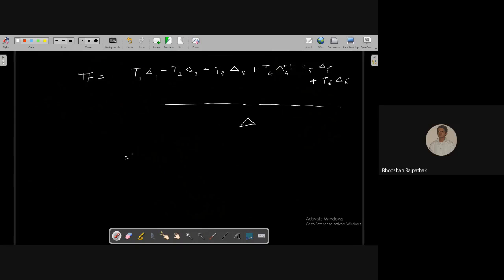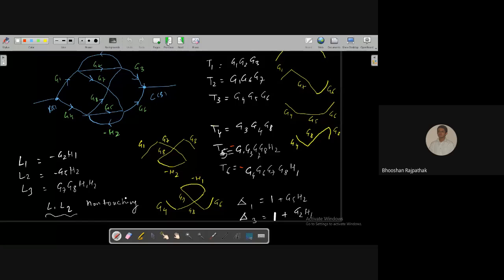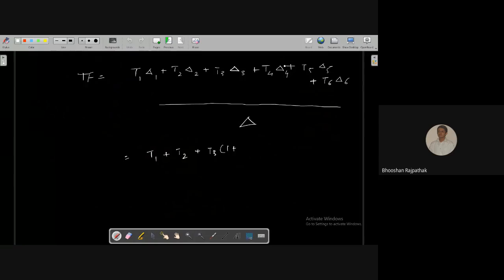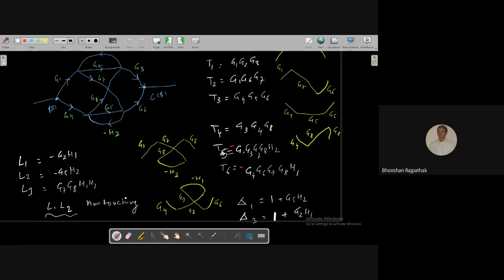So this will be equal to T1 plus T2 plus T3 into 1 plus G2H1 plus T4 plus T5 plus T6. And here we will have 1 plus G5H2.